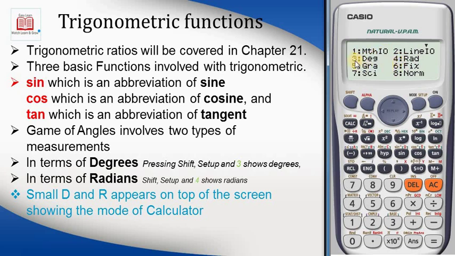Option number 3 selects degrees, and option number 4 selects the radians mode. As my calculator was already in radians, I will select degrees by pressing 3. As you can see, R is now replaced with D, so I am in degrees mode.